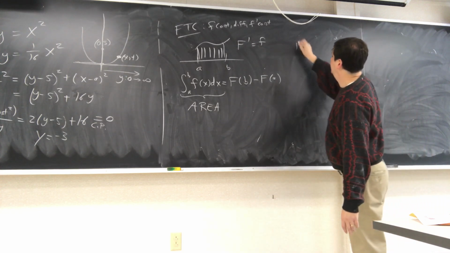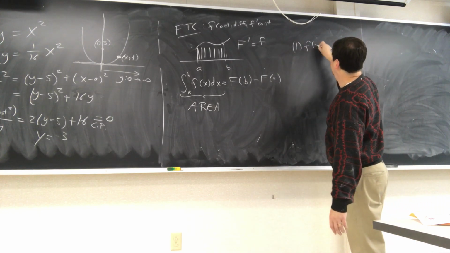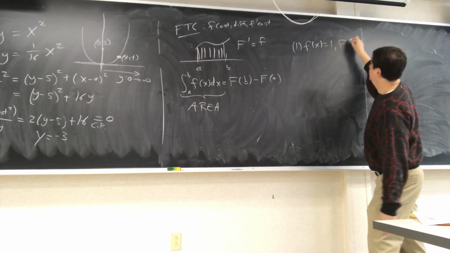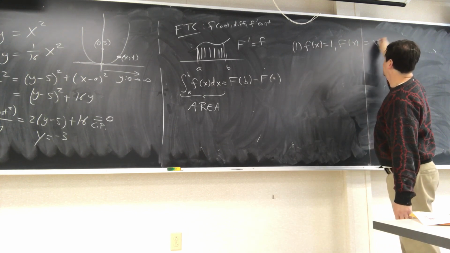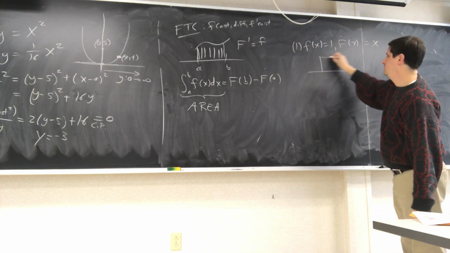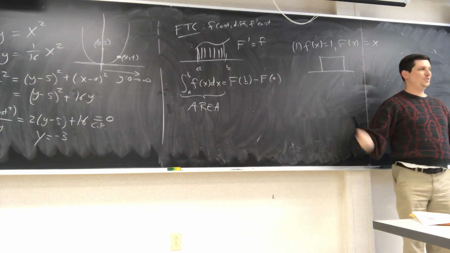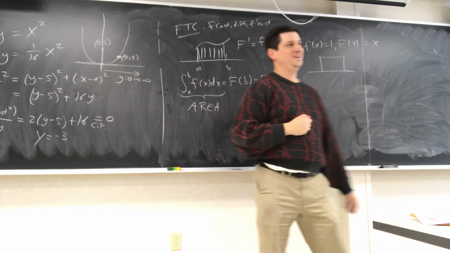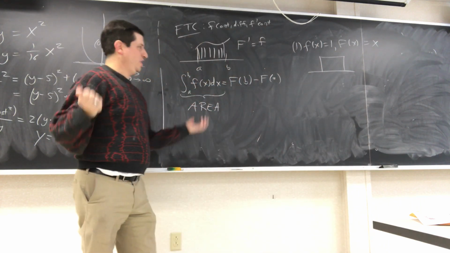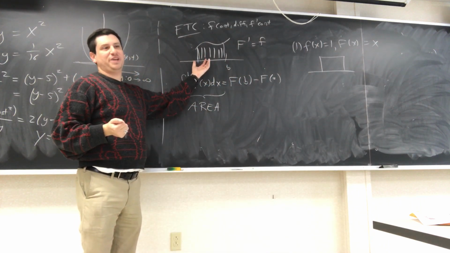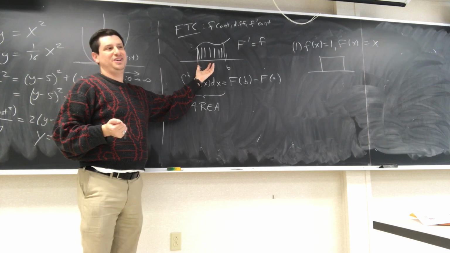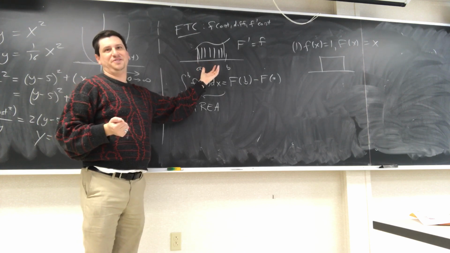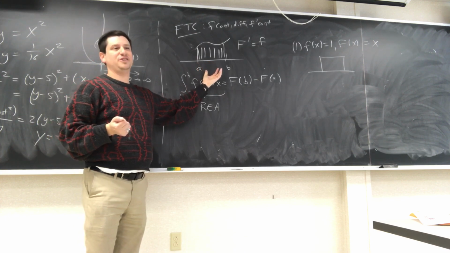If we try little f of x is 1, the antiderivative is x. Oh boy, right? What shape have we just found the area under? A rectangle. It's great. We will verify the fundamental theorem of calculus, but this is not an achievement, right? We know areas of rectangles.